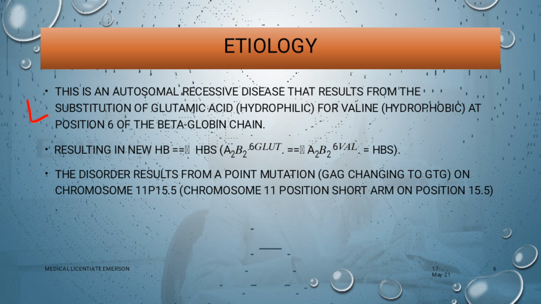So what you are seeing here is two alpha chains and two beta chains, and on the 6th codon the glutamic acid is substituted for valine, which results in the HbS. This disorder results from a point mutation where GAG changes to GTG on chromosome 11, on the short arm at position 15.5. That's where the point mutation is.